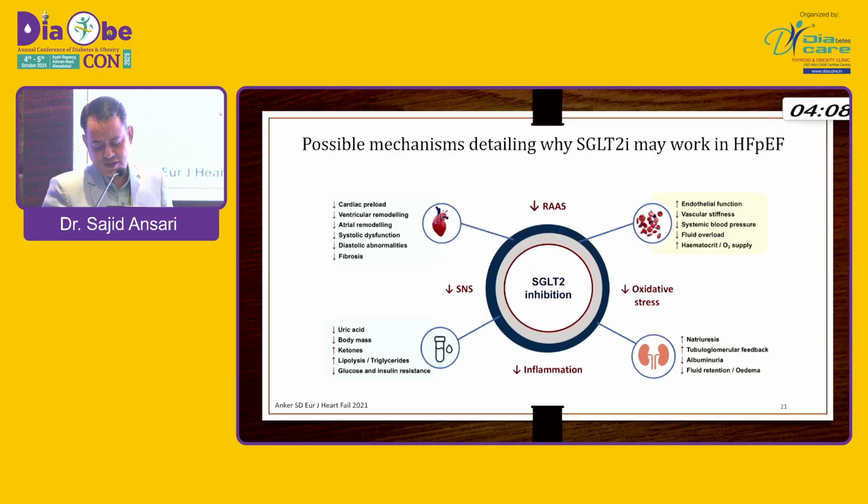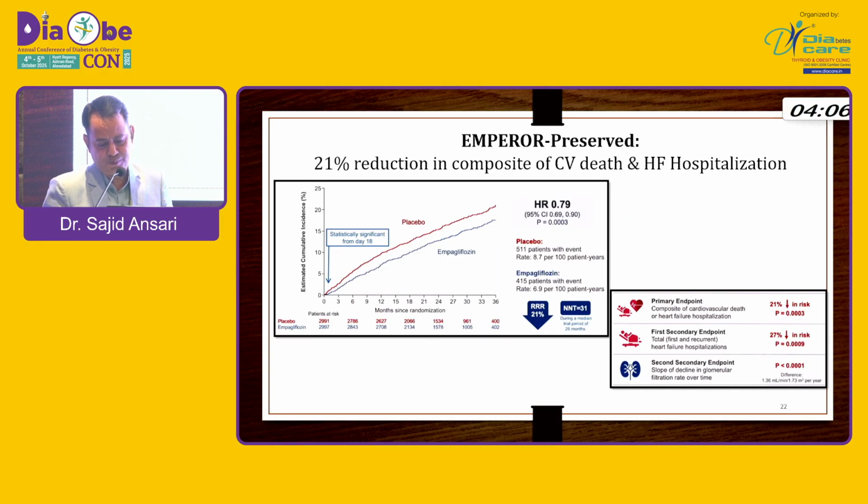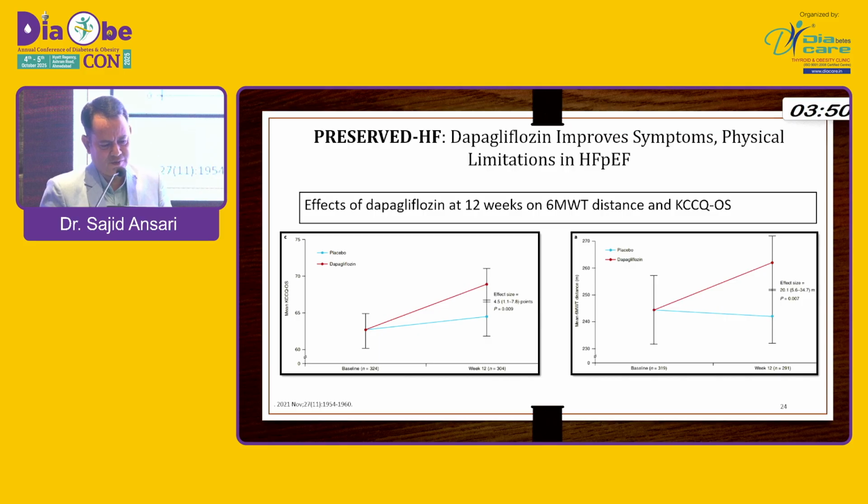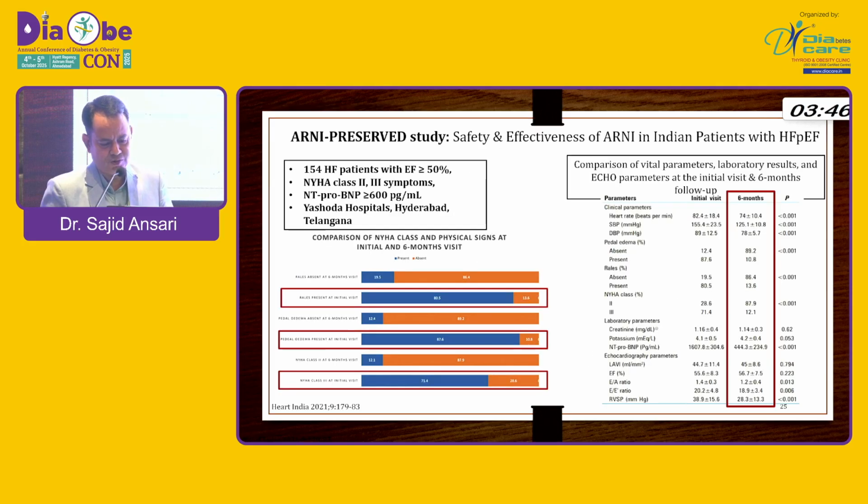When initially this molecule was launched, it showed benefit in the HFrEF patient, that's why it was launched. So with the preserved ejection fraction, there is a rule of 20, a 20-21% net reduction in primary and secondary endpoints with the EMPEROR-Preserved trial. Same with dapagliflozin, which also improved the KCCQ score.